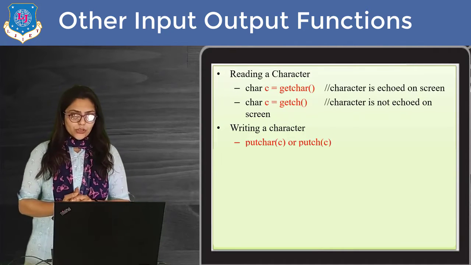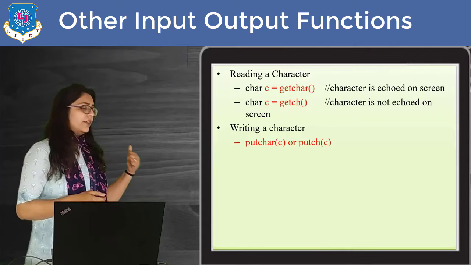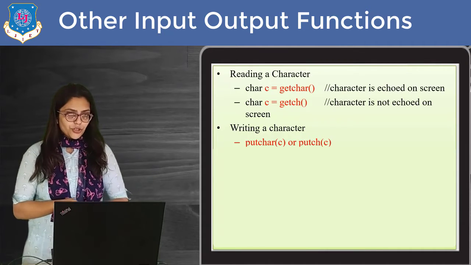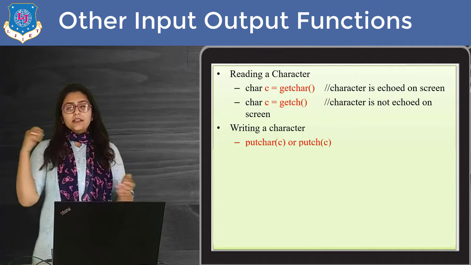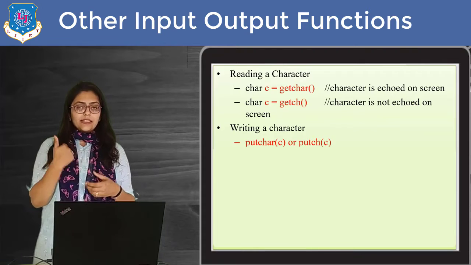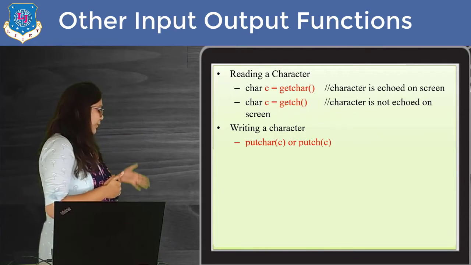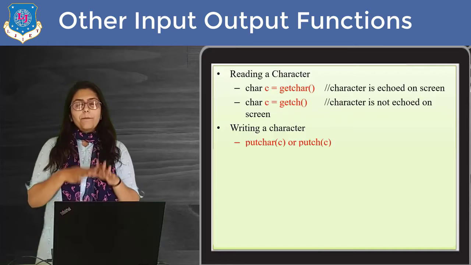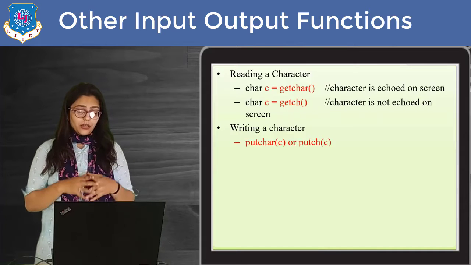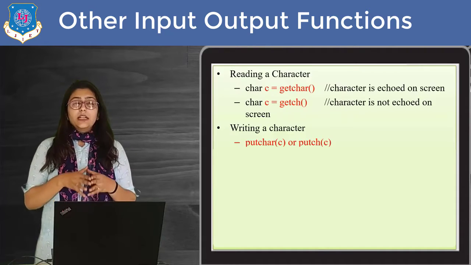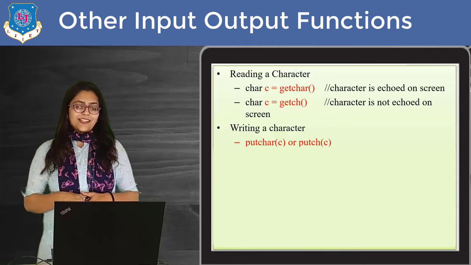In Dev C++, it is not mandatory. Now let's go to my IDE and see how these operations can be performed practically. I hope you understand the theory. Now let's do the practicals.